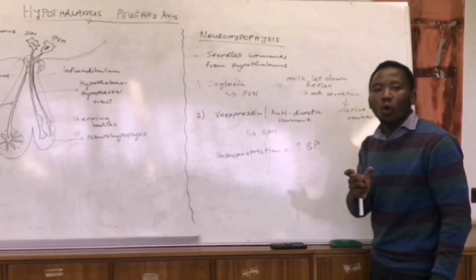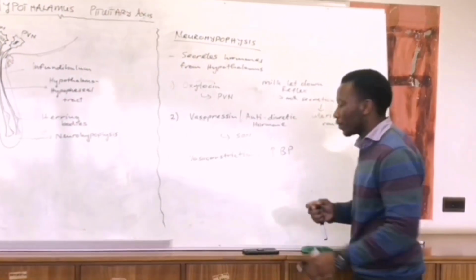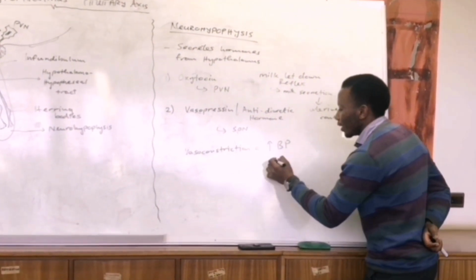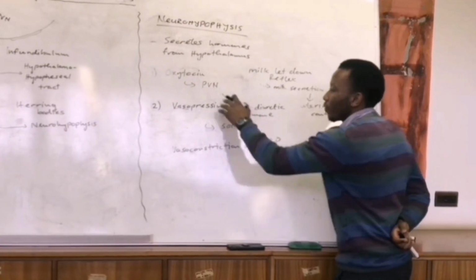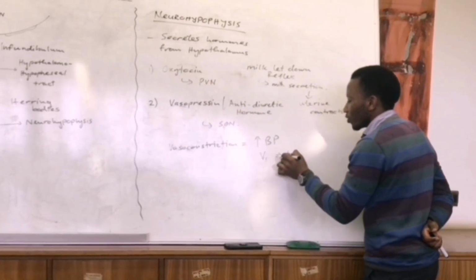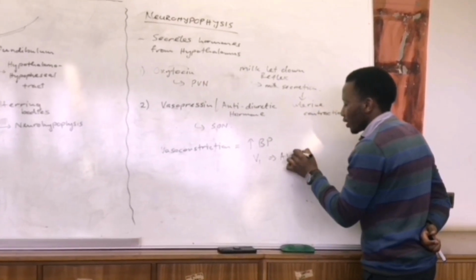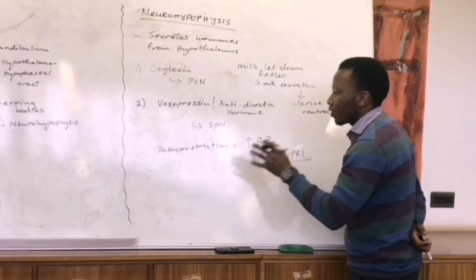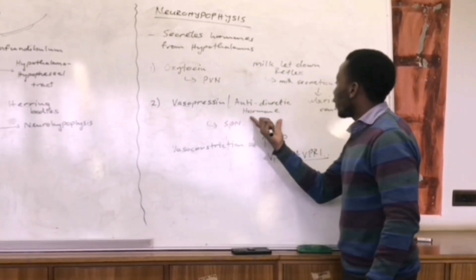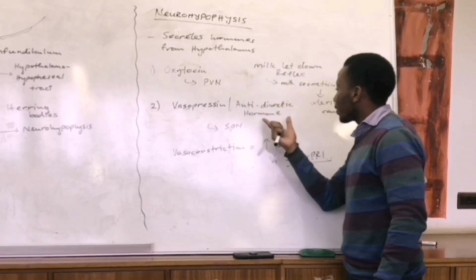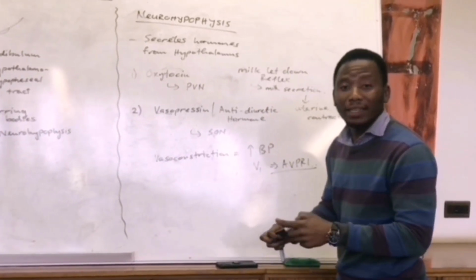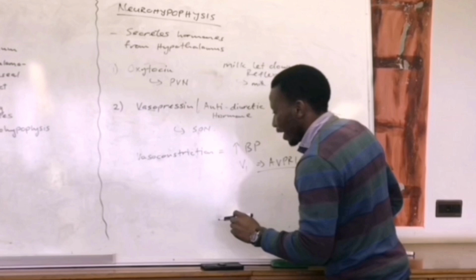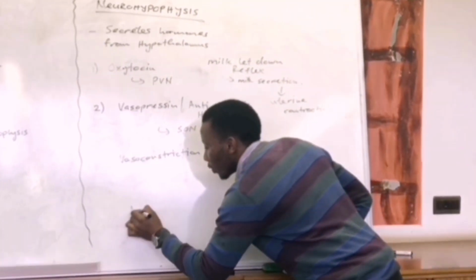We use what we call the V1 receptors. The muscular layer, the muscle in your blood vessels, has what we call V1 receptors for vasopressin. These are also known as arginine vasopressin receptor type 1, okay? Just if you meet them. Another function of vasopressin is anti-diuresis, okay? Vasopressin goes to the kidneys and expresses what we call aquaporins, okay?